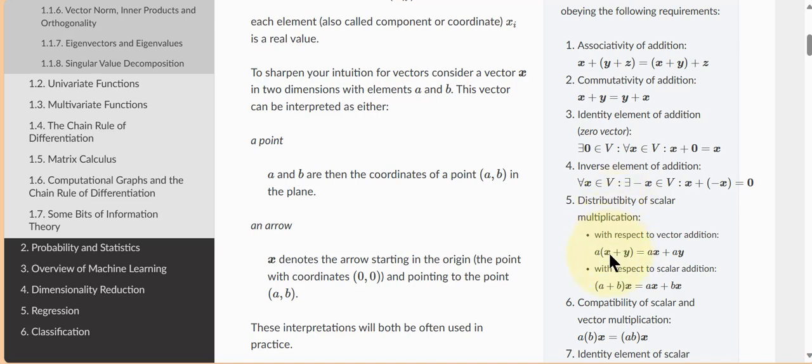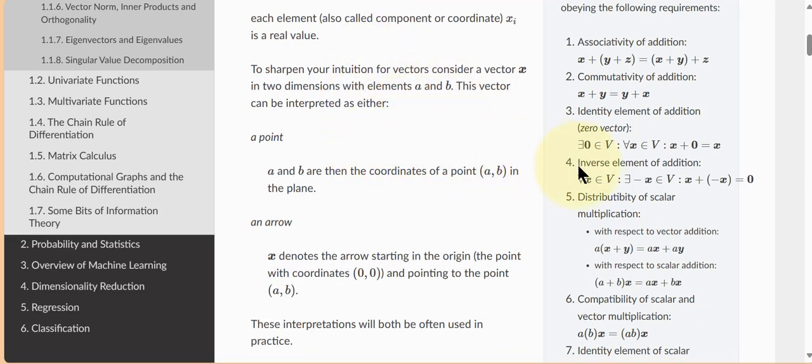It's a property that includes both addition and scalar multiplication, called distributivity of scalar multiplication. It says that A times x plus y, that's scalar multiplication, has to be equal to this, and also we have this. These both have to be true, and that will also be true for this particular system.